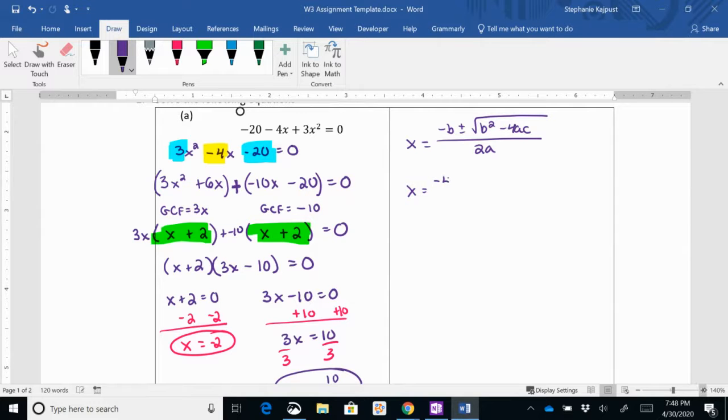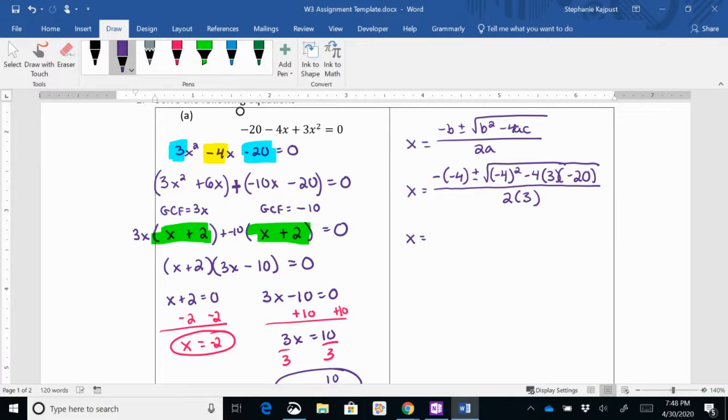Because it says negative b, I have a negative and then b is negative 4, so two negatives. My b squared is negative 4 squared. Then minus 4. Now a is the number in front of the x squared, so a is 3, and c is the last number, negative 20. This is over 2 times a, and a is again 3.